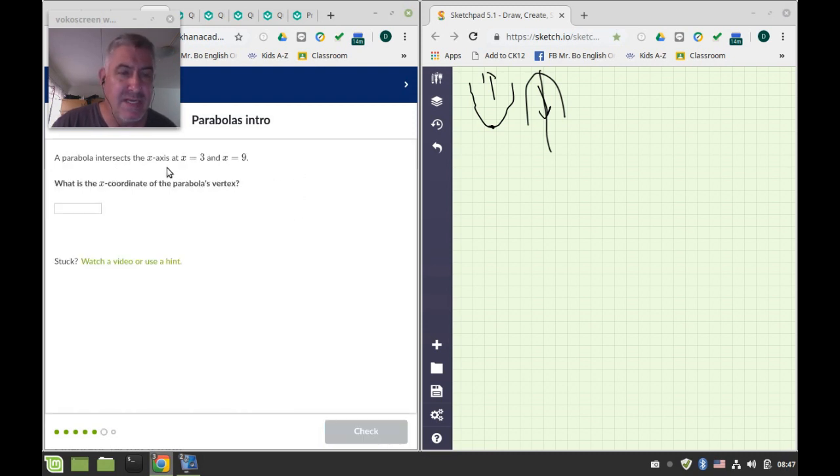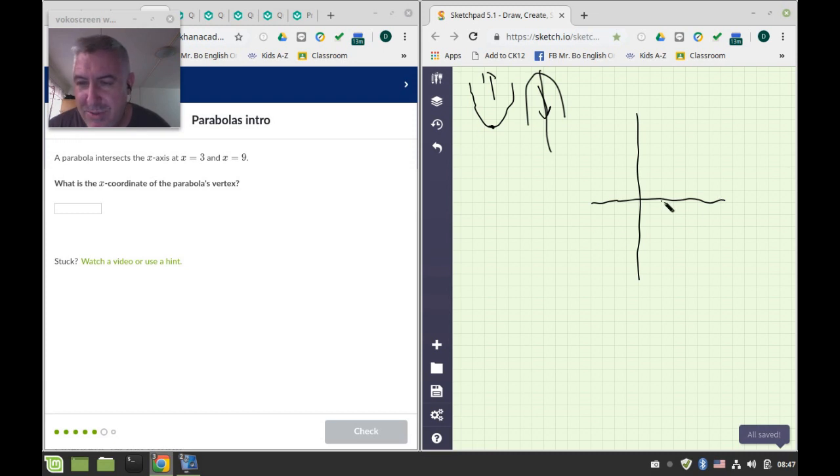A parabola intersects the x-axis at x equals 3 and x equals 9. I got a new pen here, so I'm going to do my best. No ruler or anything on the computer, right?